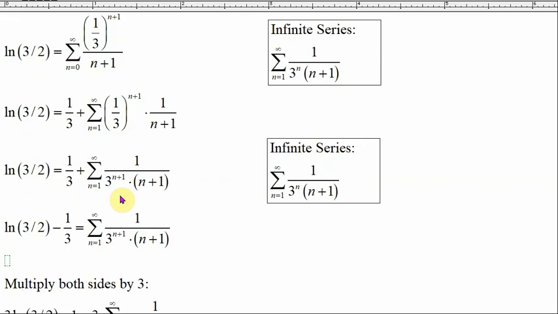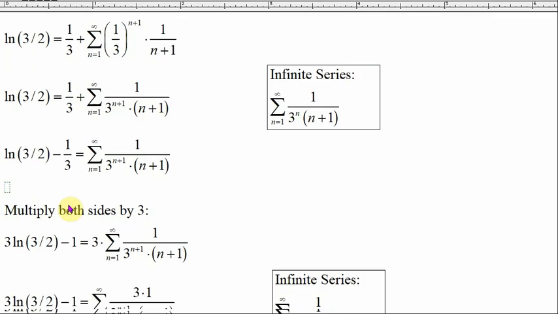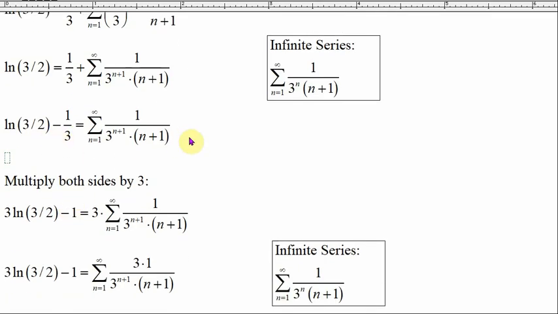So what we can do is multiply everything by 3 to get rid of this extra factor. First, let's move the 1/3 to the left side, and then multiply each term by 3.